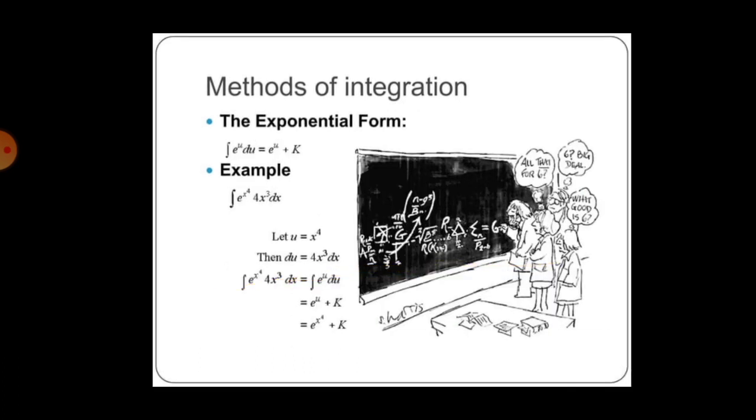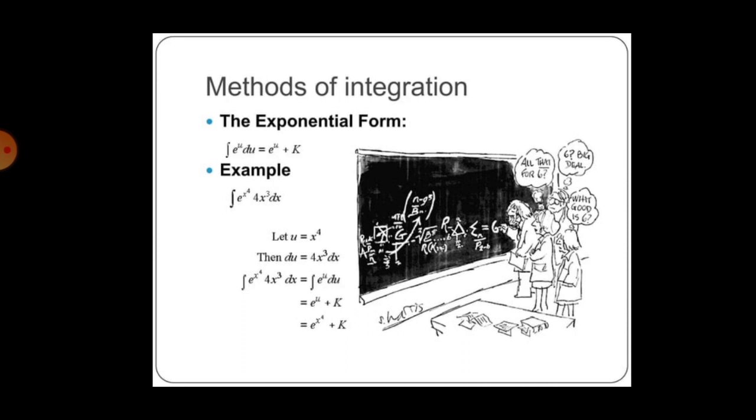The exponential form. Integral e raised to u du is equal to e raised to u plus k. Example: integral e raised to x fourth, 4x cubed dx. Let u is x raised to 4, then du is 4x cubed dx.